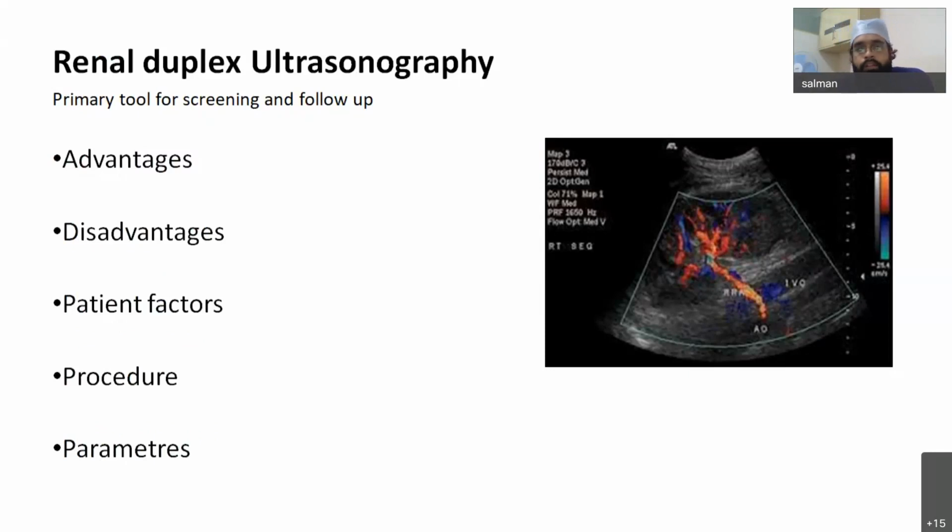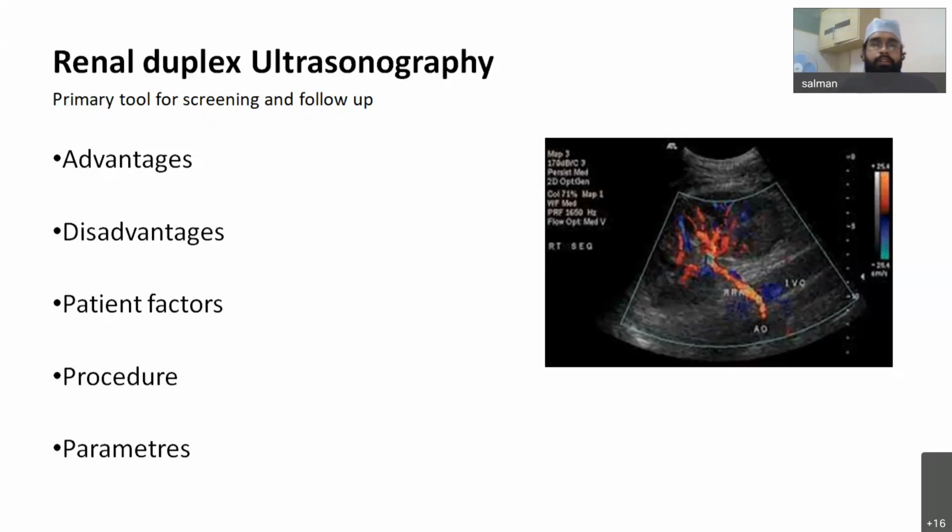The basic advantages of RDU are that there is no radiation or contrast exposure. The test is rapid, easily available, and does not require very advanced machines. It is non-invasive, accurate in the hands of good examiners, and reproducible.